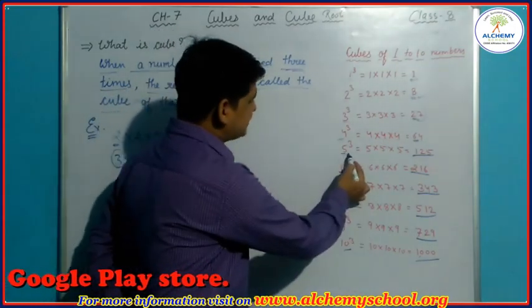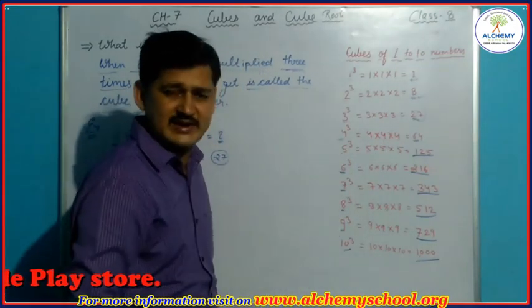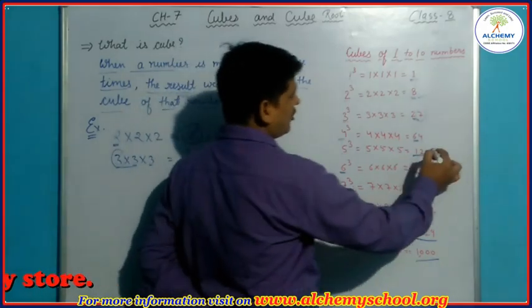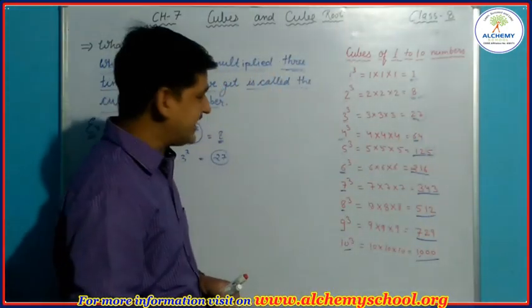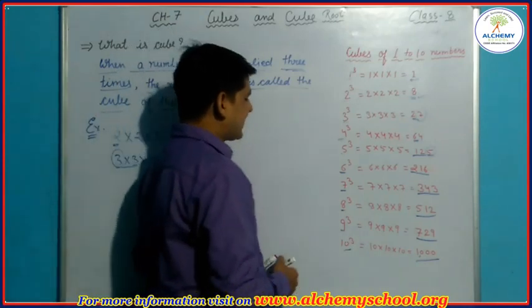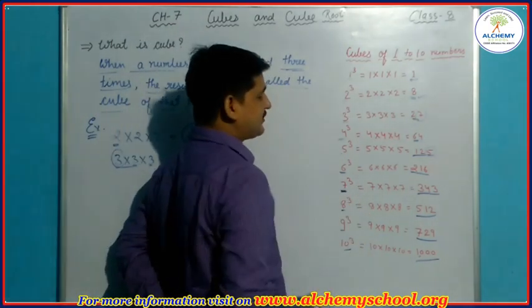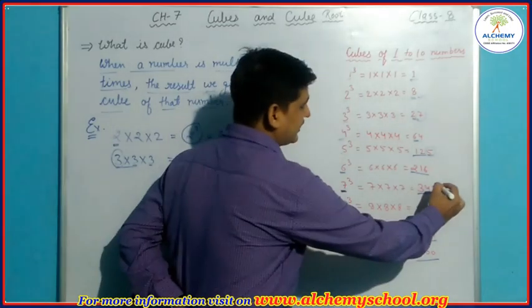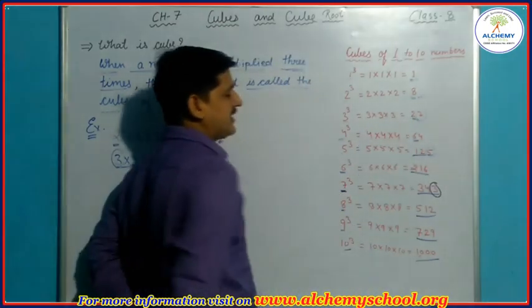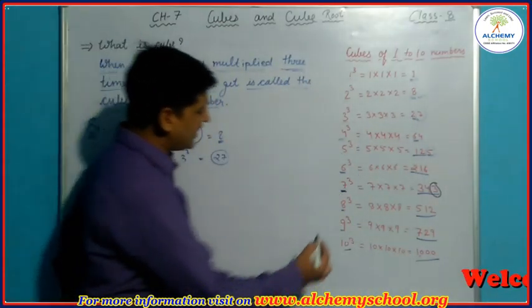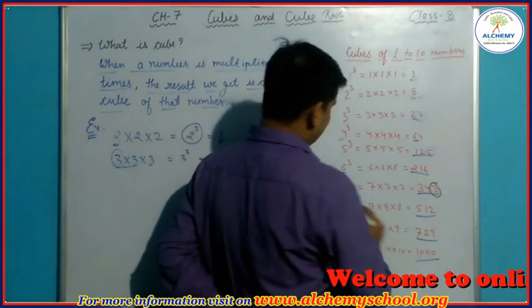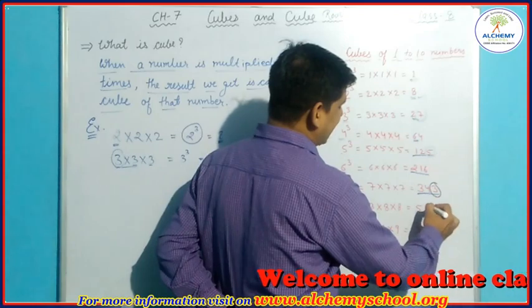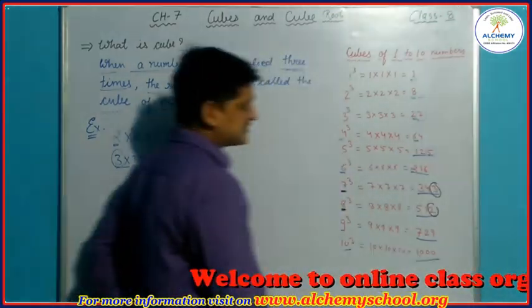When any number contains 5 on its unit place, the cube of that number also contains 5 on its unit place. When any number contains 7 on its unit place, the cube of that number contains 3 on its unit place. The same way, if any number contains 8 on its unit place, the cube of that number will contain 2 on its unit place.